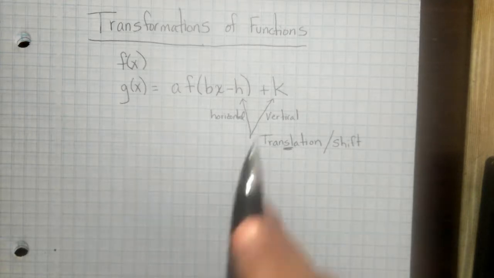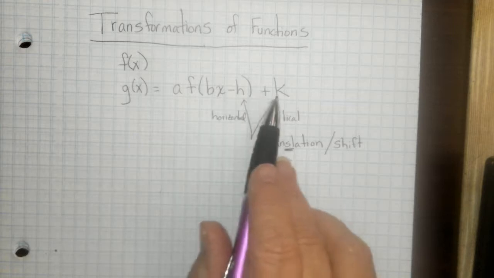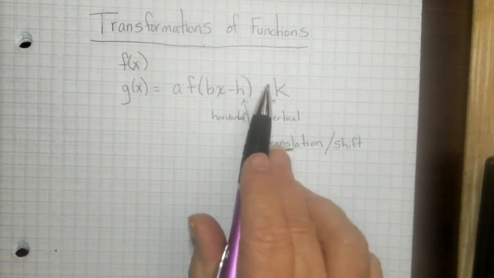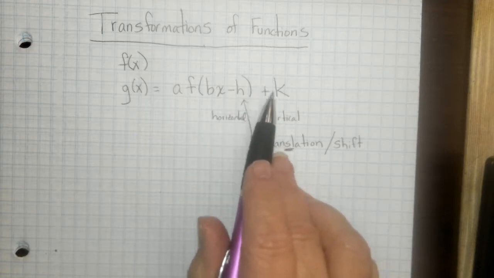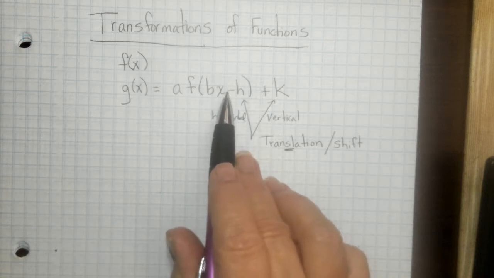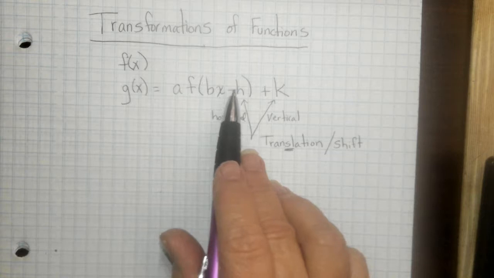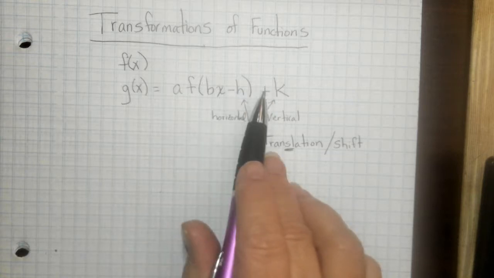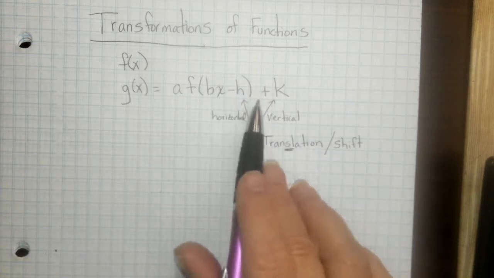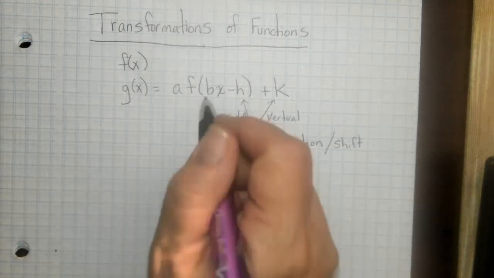Notice here that the h and the k are adding. This one's adding. This one is subtracting, but subtracting is just adding the opposite, right? So there's an additive element here, and adding causes a translation.